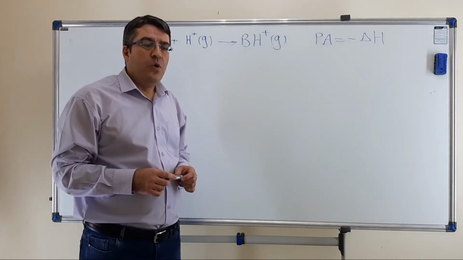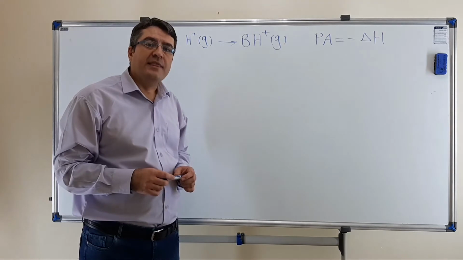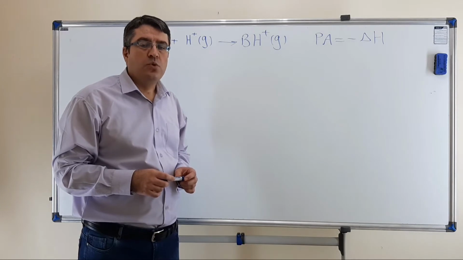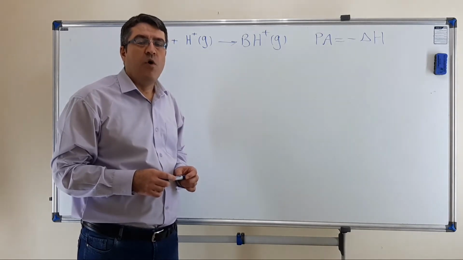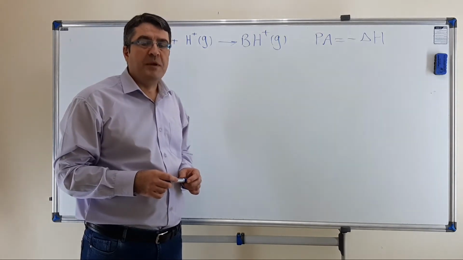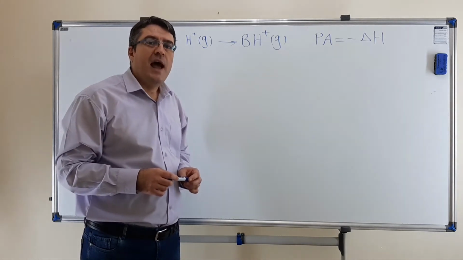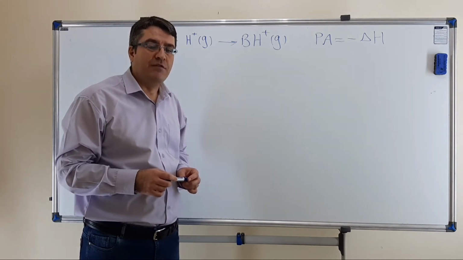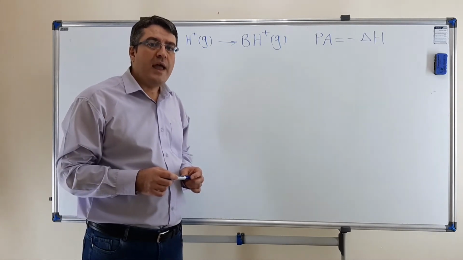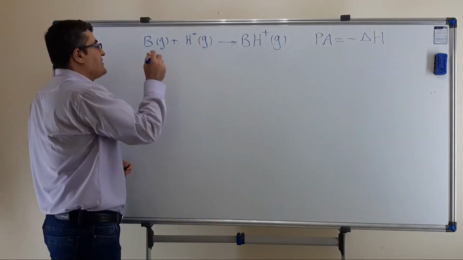Gutmann's donor number, or antimony pentachloride affinity, is the negative of the enthalpy change in kilocalories per mole at 298 Kelvin for the reaction of the one-to-one Lewis adduct formation between a Lewis base and the reference Lewis acid antimony pentachloride, SbCl5, in dilute solutions in 1,2-dichloroethane as the solvent. The general form of the reaction is as follows.